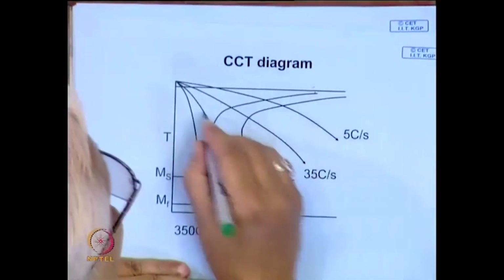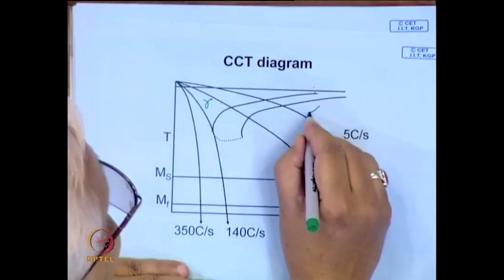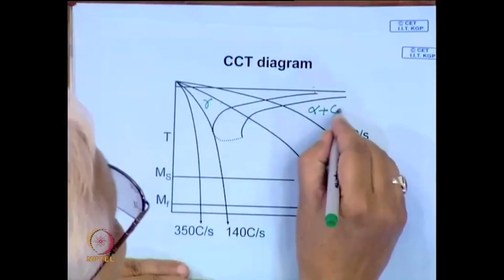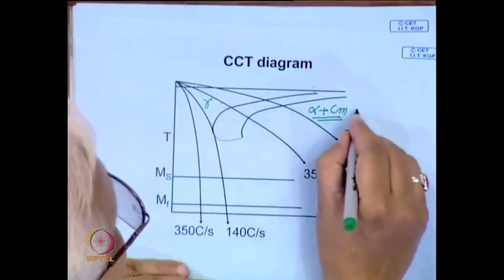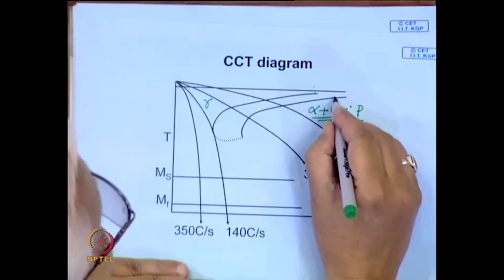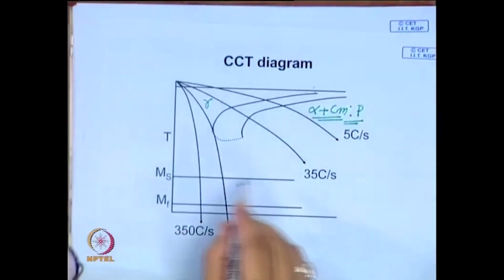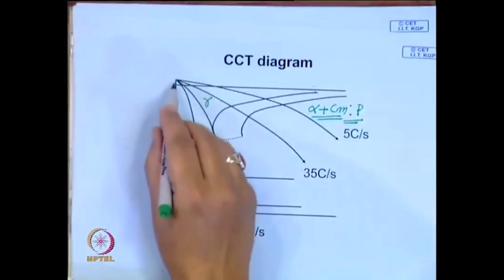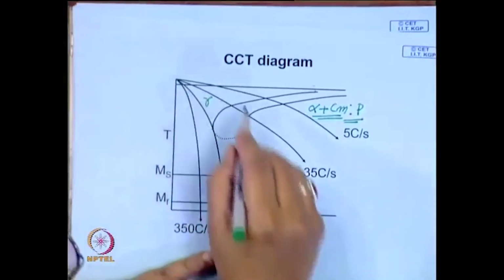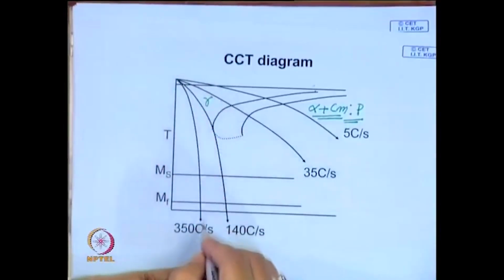Only the pearlite portion is there. This is austenite, and here you have ferrite plus cementite lamellar structure called pearlite. At the upper end you have coarse pearlite, below you have fine pearlite, and on this I have superimposed, just schematically, different types of cooling rate that you can think about. If you water quench, that cooling rate is very fast.